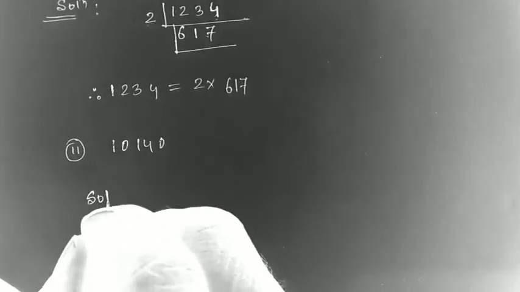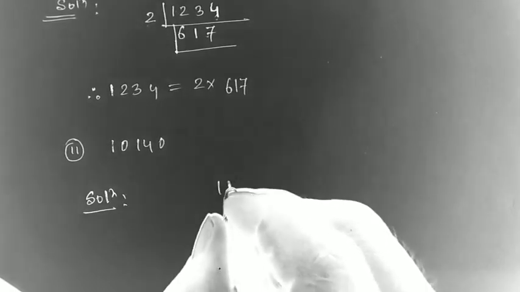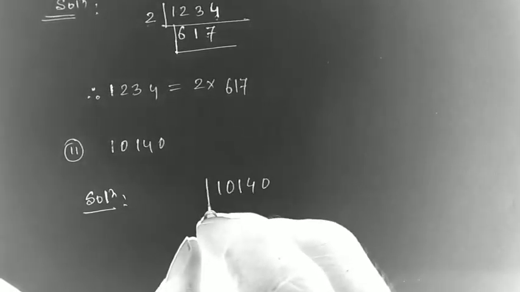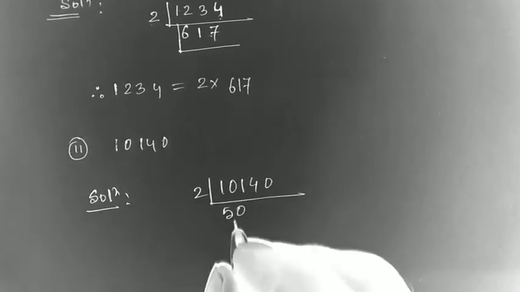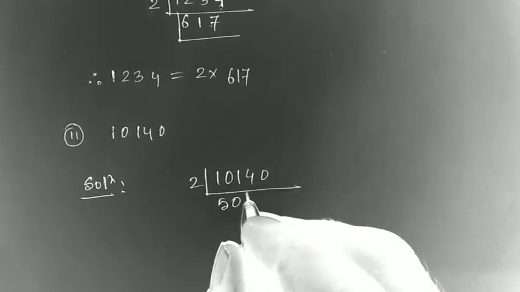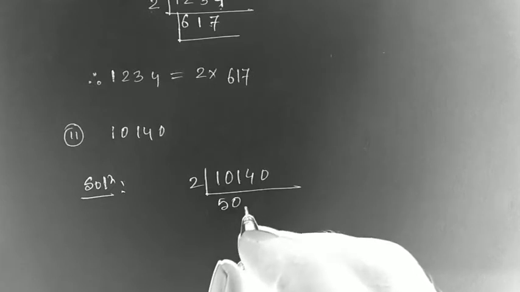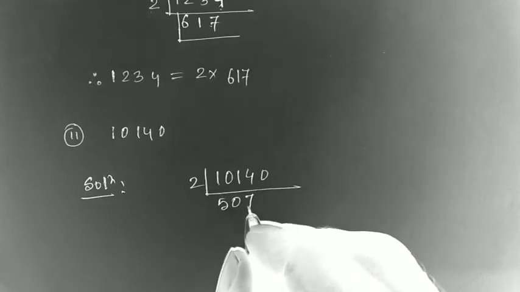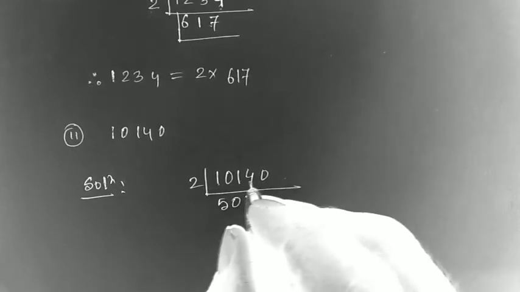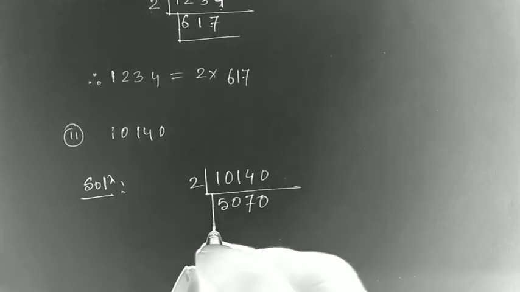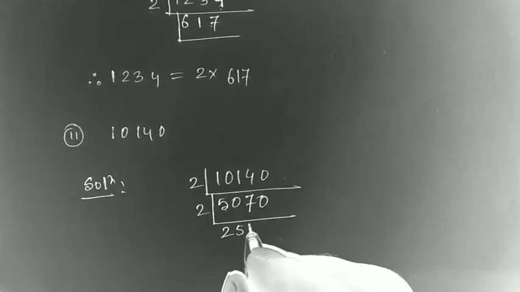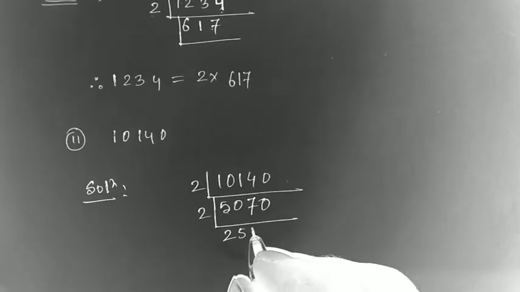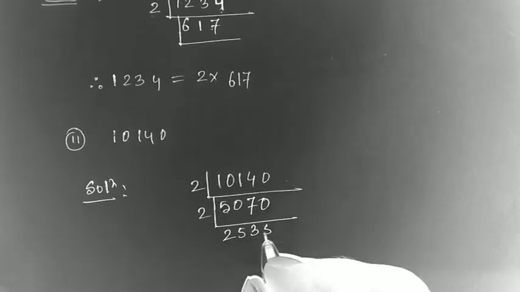Solution: 10140 divided by 2 gives 5070. Dividing again by 2 gives 2535. Now 2 does not divide 2535.